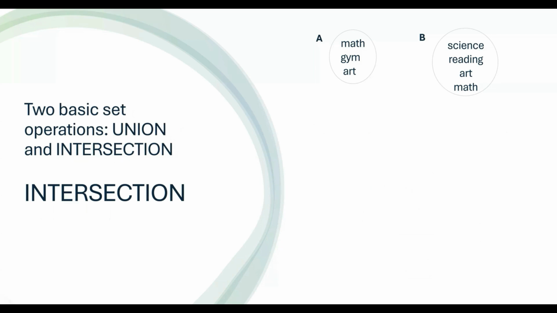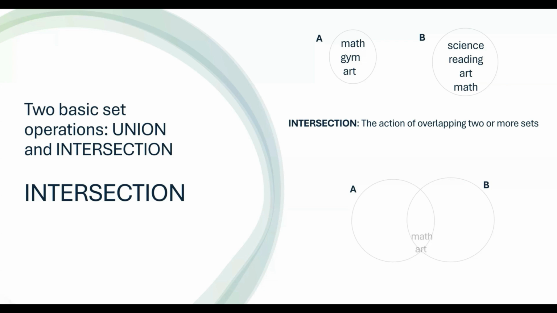All right, let's have a look at the next operation, intersection. So same example, we have 2 sets A and B. The intersection of 2 or more sets is simply the overlapping of the sets. Okay, so here we draw up a picture of 2 sets overlapping each other.